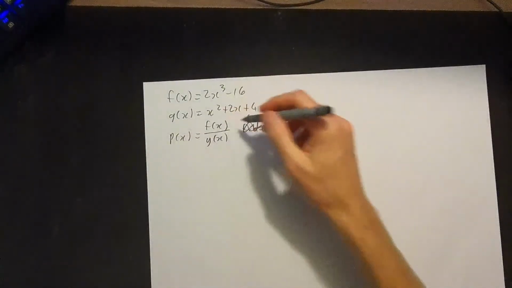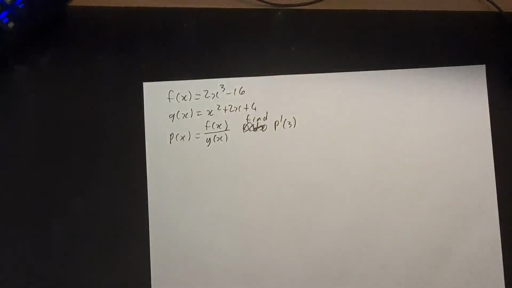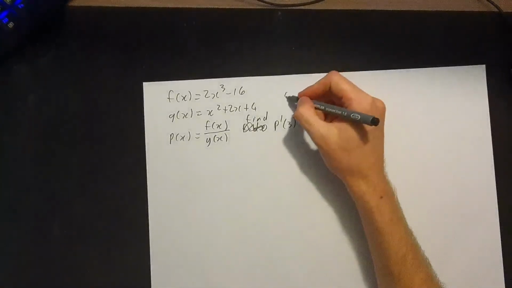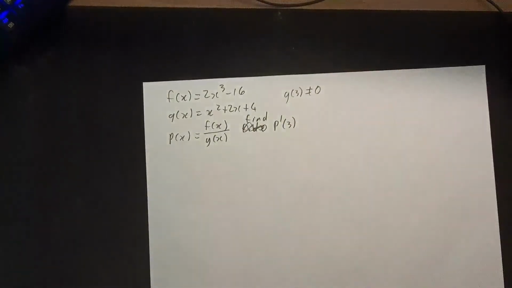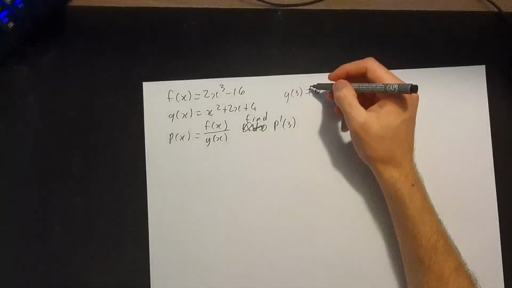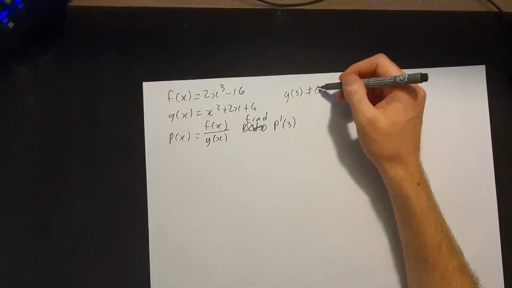So this is one of the ones I was talking about. They've given you two functions, so see if you can first simplify something before you try to do the derivative. The important thing here is to note that g of 3 cannot equal 0.